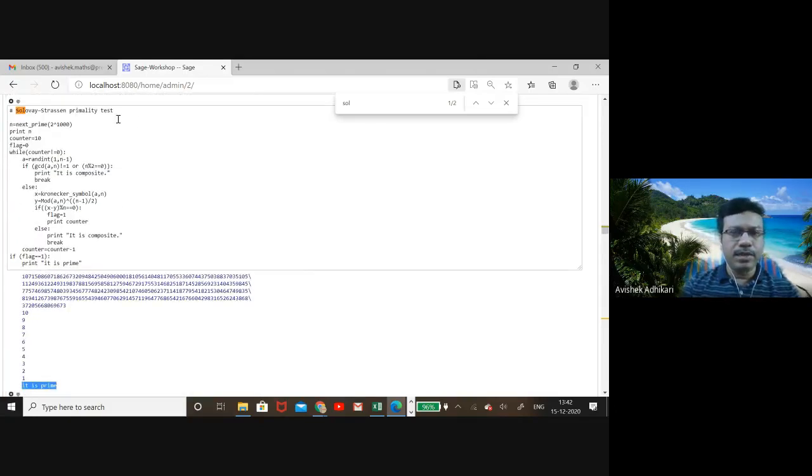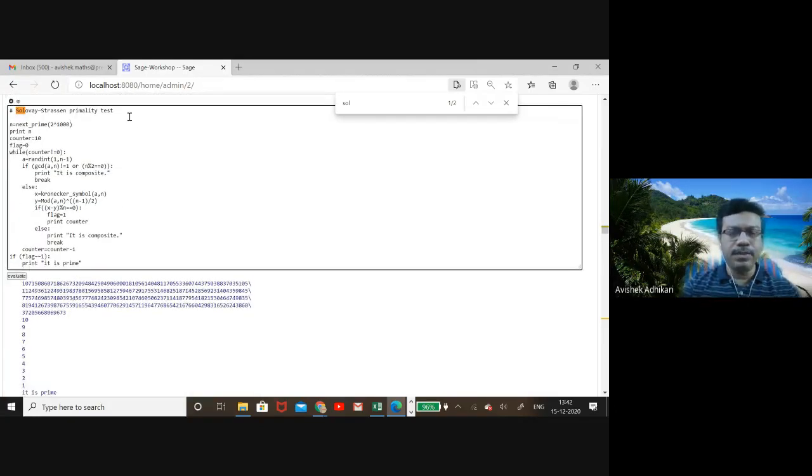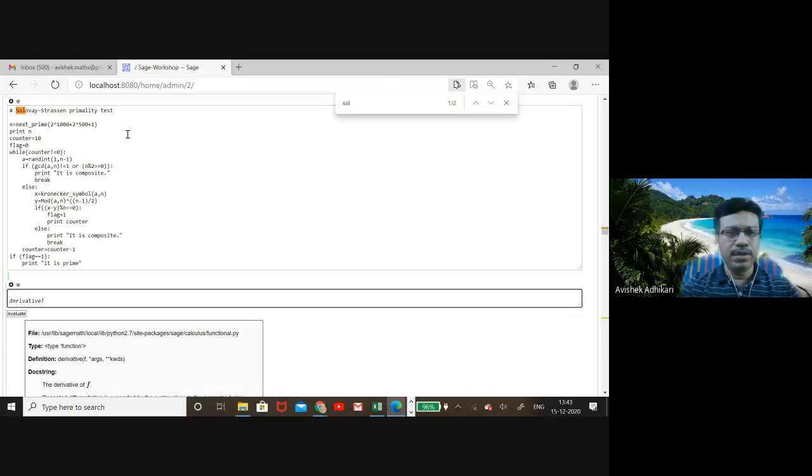So maybe we can put some extra odd number. Maybe 2 to the power 500 plus, say, 1. Let's check. So the number is 2 to the power 1000 plus 2 to the power 500 plus 1, and let me check whether the number is prime or not.